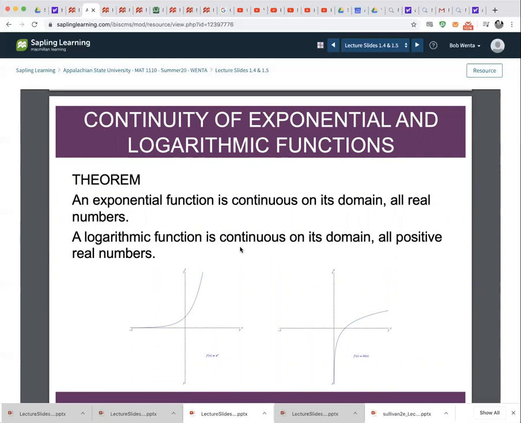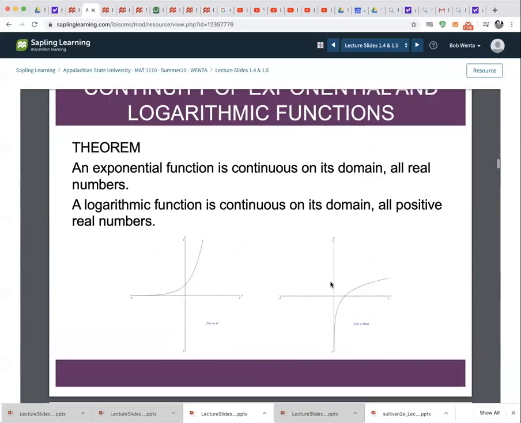Logarithms, on the other hand, you can't have a negative x value. 10 to no power gives you a negative answer. e to no power gives you a negative answer. So as a result, in ln of x the x value can't be negative, it must be positive. The way they state that is a logarithmic function is continuous on its domain, all positive real numbers. The domain of the log functions is positive. All right, so those are the key points of section 1.4.